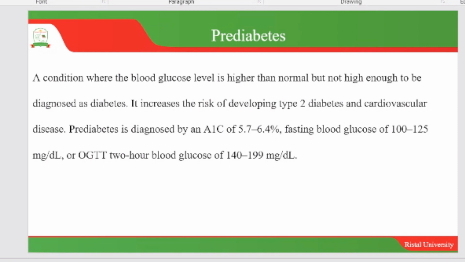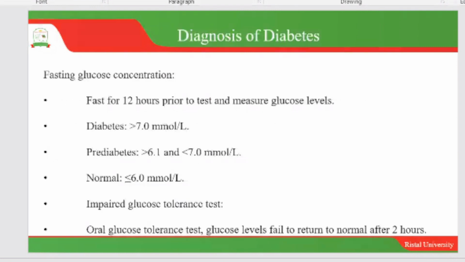So for diagnosis of diabetes, we have fasting glucose concentration. This is still a continuation. Fasting glucose concentration. So the person fasts for 12 hours prior to the test and glucose levels are measured. If the glucose level reads 7.0 millimoles per liter, it means that the person is diabetic.